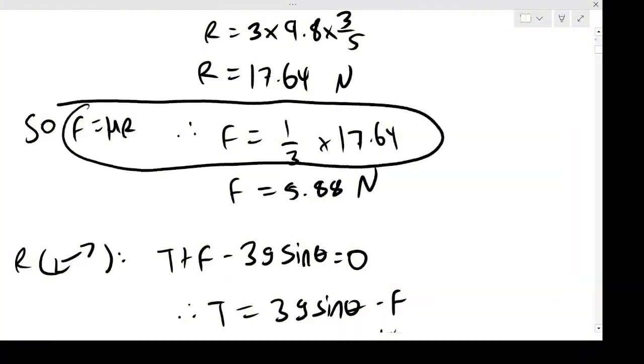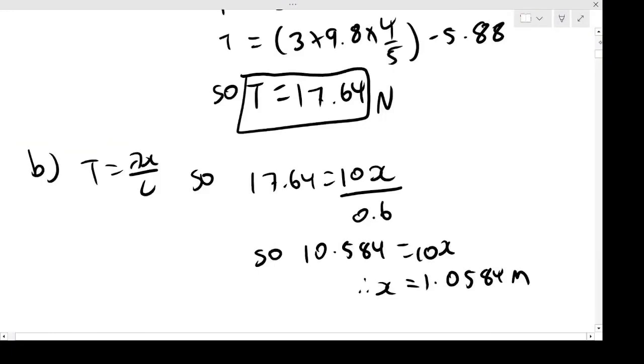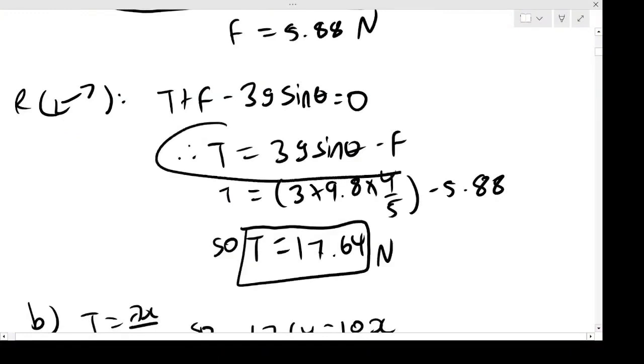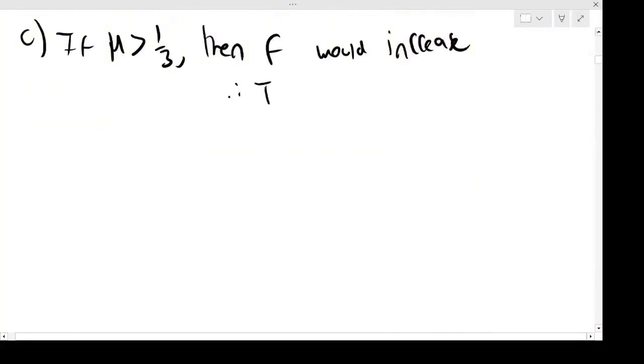So if mu is bigger, that means the friction will be bigger, then F would increase. So my friction force increases. Then my tension equation here subtracts the F. So if I'm increasing F, I'd have to decrease the tension, right? So T decreases because we're subtracting a larger number.